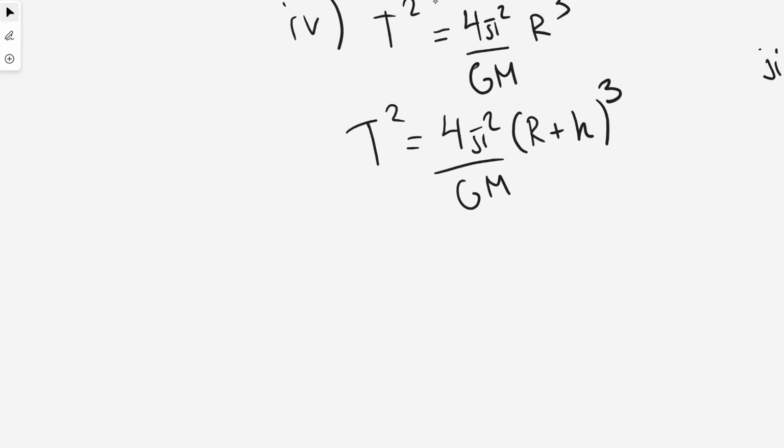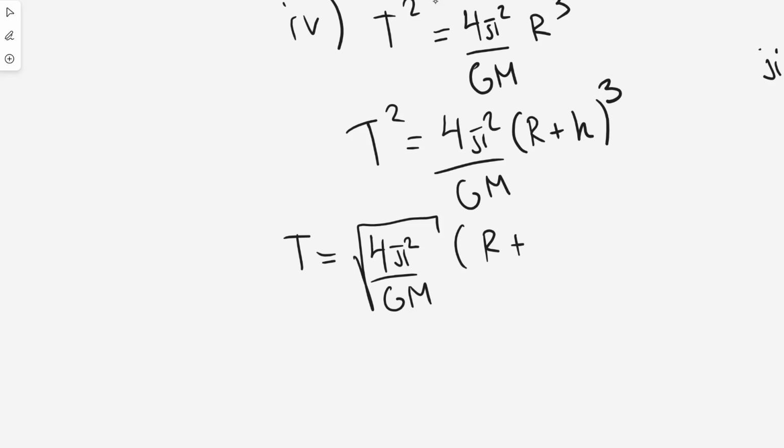So the first thing I'm going to do is just square root the expression. So T will be equal to the square root of 4 pi squared over GM, and this will be (r plus h) raised to the power of 3 over 2.